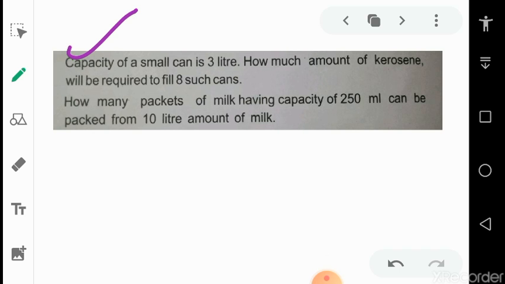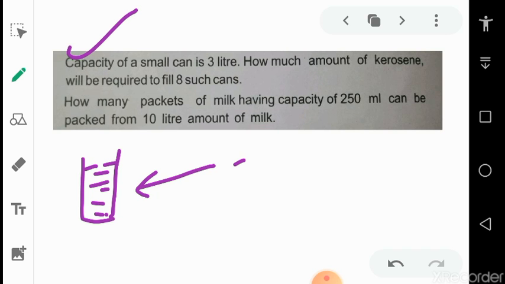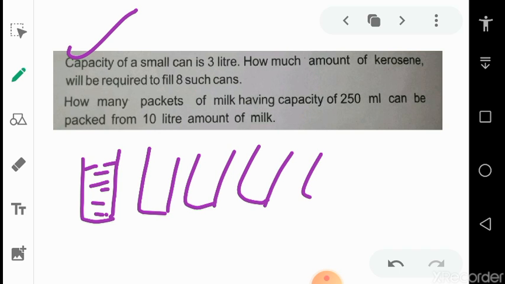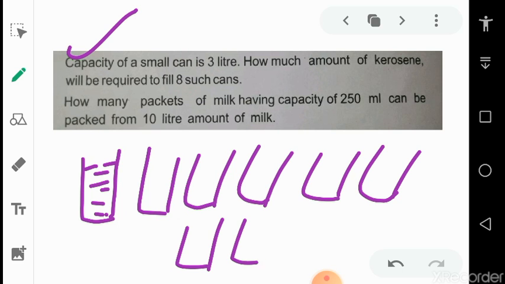So suppose we have a small can, here is the can, and some kerosene is present here. The capacity of this container is 3 liter. We have to find how much amount of kerosene will be required to fill 8 such cans. It means there are 8 such cans, 1 2 3 4 5 6 7 8.